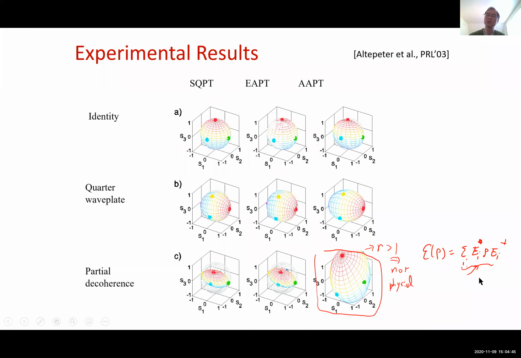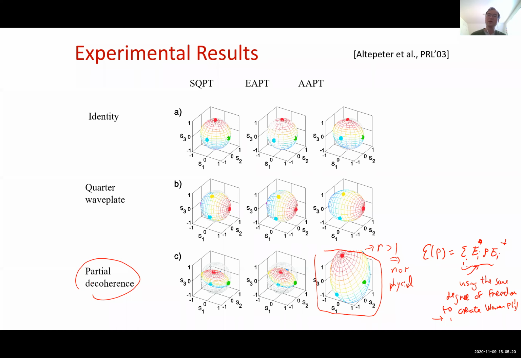Okay, in this case, we're using the same degree of freedom to create the Werner state. This rho 1/3 state. And then we use that to let it go through a process which induces decoherence by using the same degree of freedom.